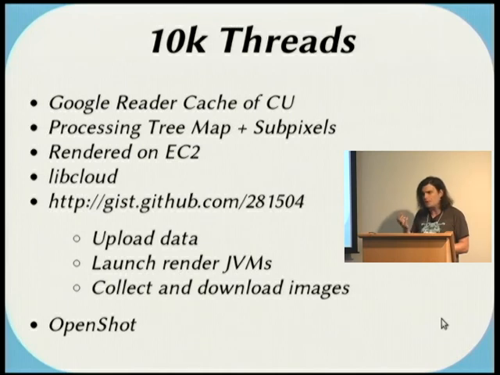For each thread, I did some stats with Processing, made tree maps and some other things. And since this took upwards of maybe 2 seconds to render an image, and I had 10,000 of these to go through, it was going to take a couple of hours. So I created a script that allowed me to start up 30 or 40 machines at Amazon's EC2 cloud and uploaded the Java and had each of those render a subsection of this data into JPEGs and then just downloaded them.